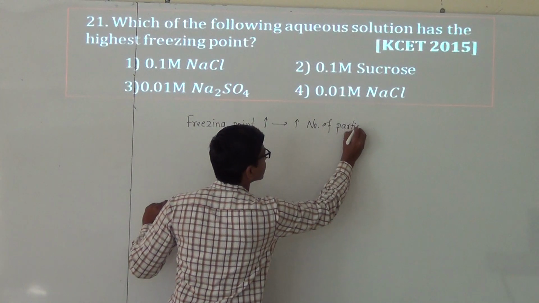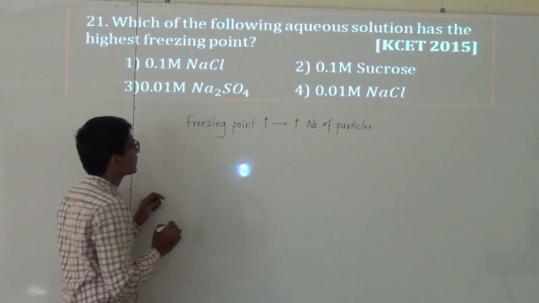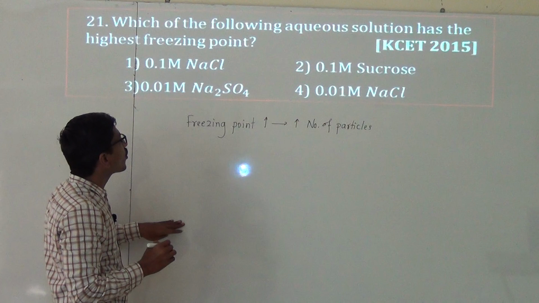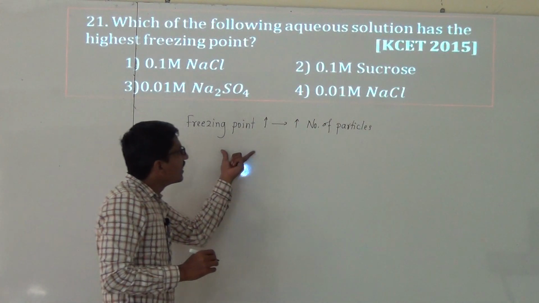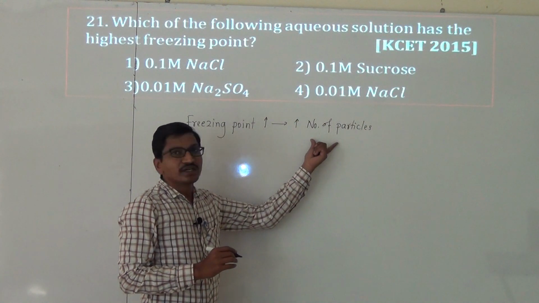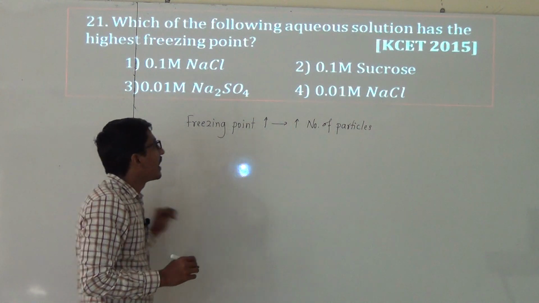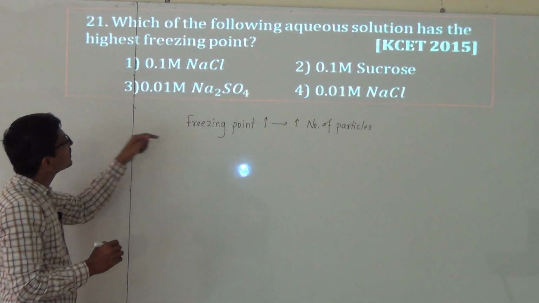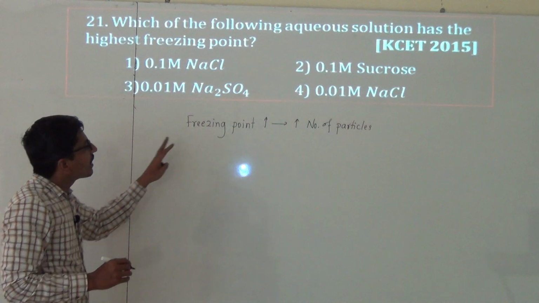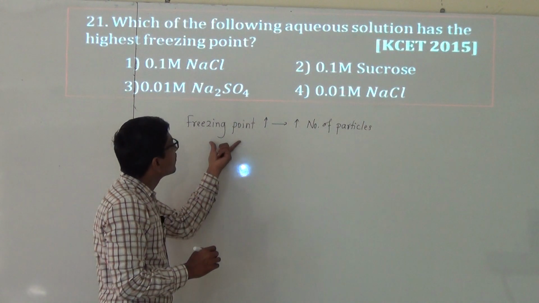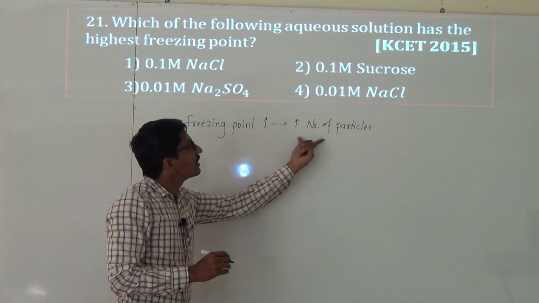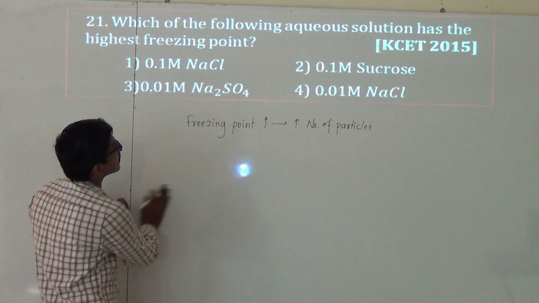As the number of particles increases, the freezing point decreases. Depression in freezing point decreases with an increasing number of particles.